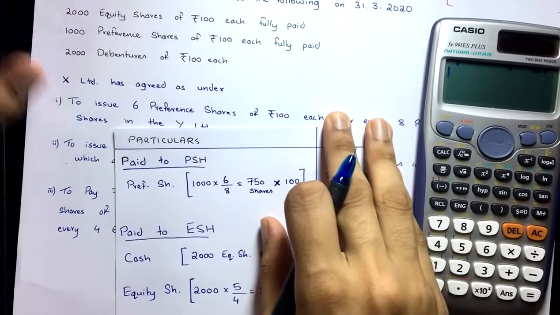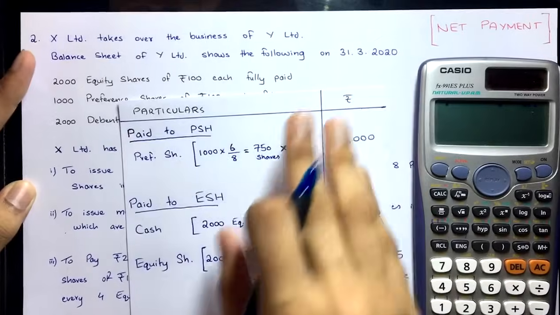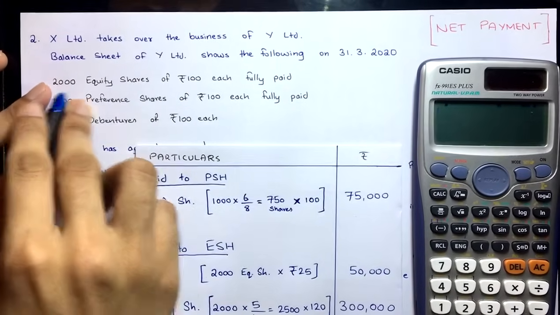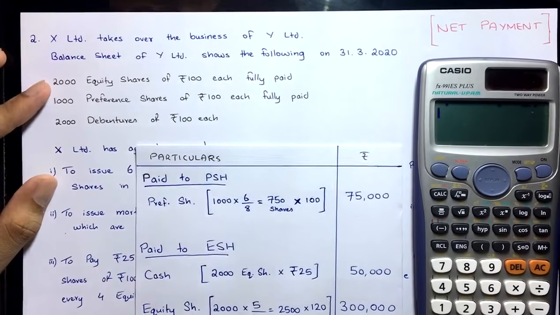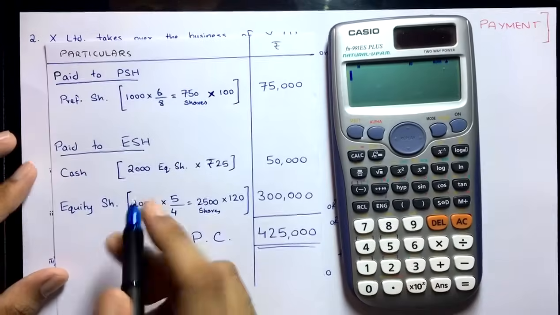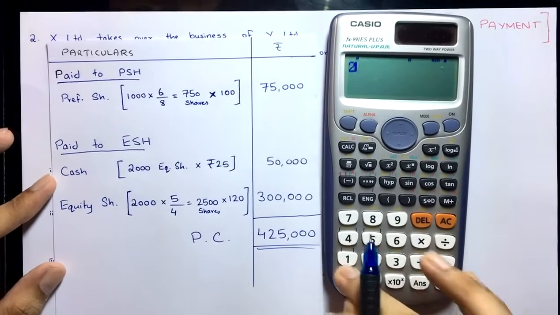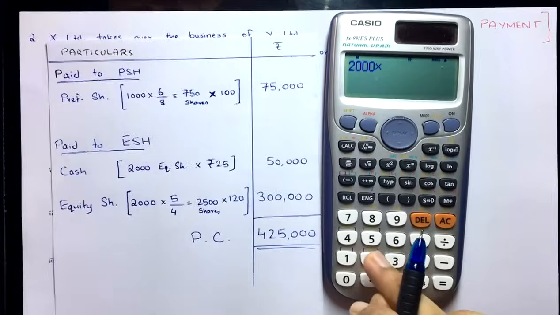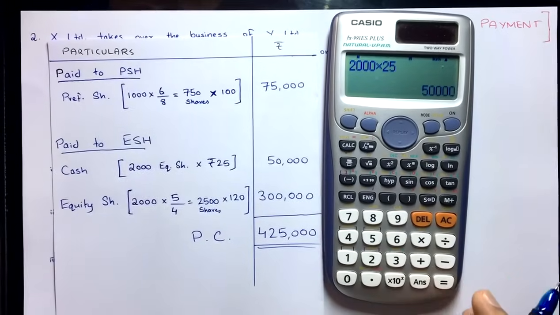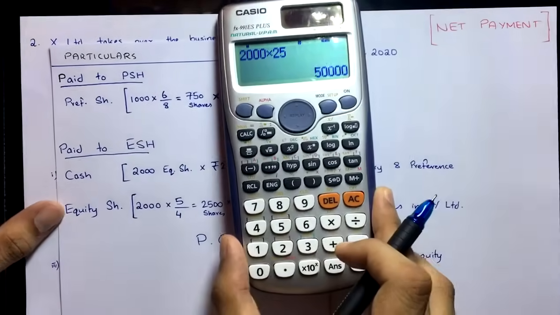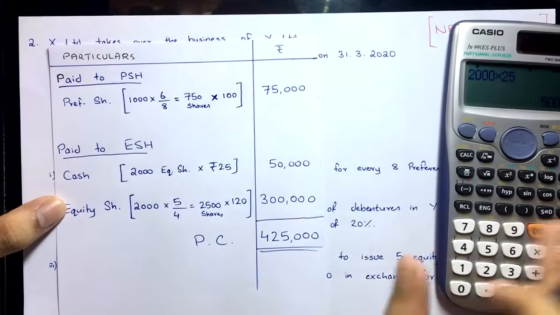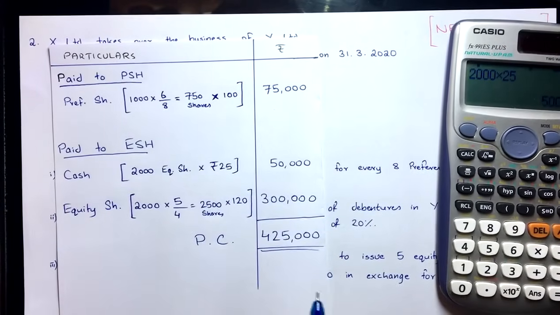In total we have 2000 equity shares in Y Limited. So 2000 equity shares into rupees 25 is equal to 50,000. X Limited is paying them 50,000.